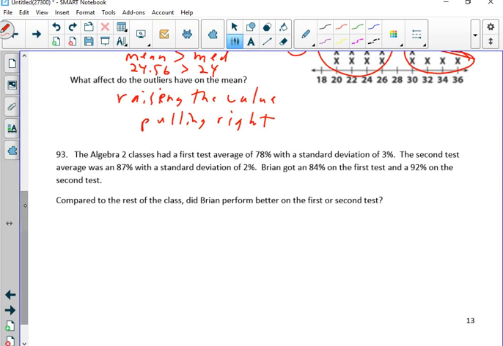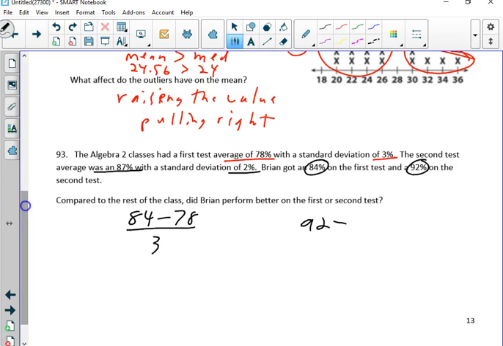Okay, 93. Algebra classes. You had an average of 78% with a standard deviation of 3. That's on the first test. On the second test, the average was 87 and 2% standard deviation. Brian got an 84 and 92. Which did you do better on compared to the rest of the class? Well, remember, it's the actual score minus the average divided by the standard deviation.